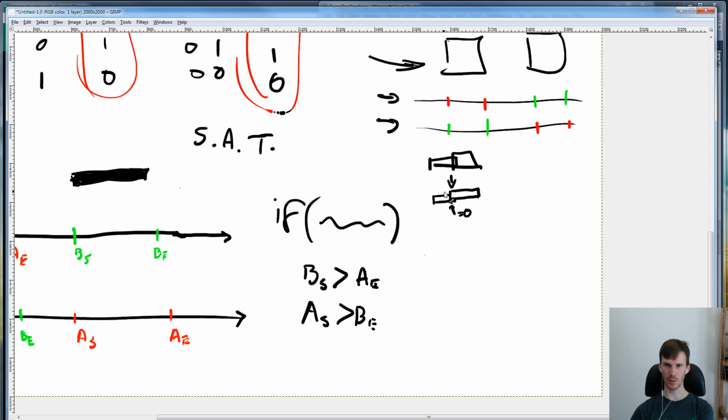Now, if the distance here equals 0, what we're basically saying is, if this is our B start, and this is our A end, the difference between them is going to be 0. So A end equals B start. So what will happen then? We've done our separation phase.